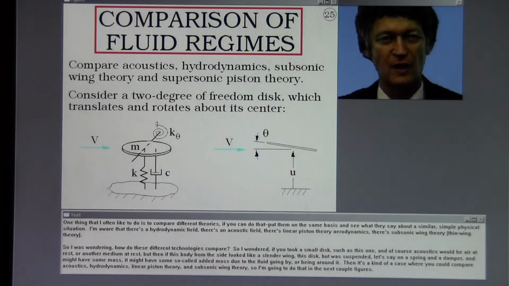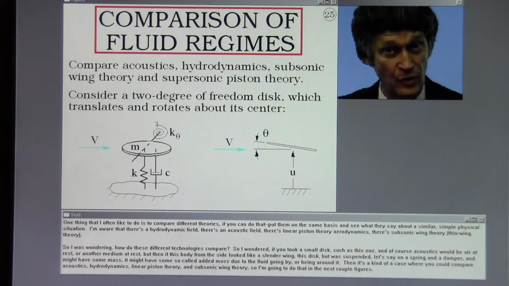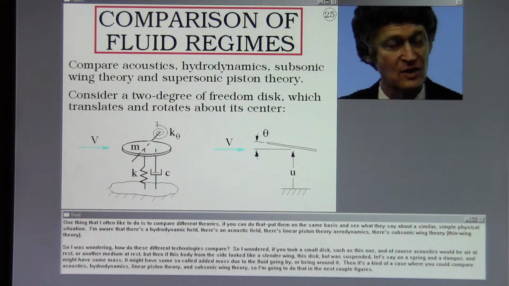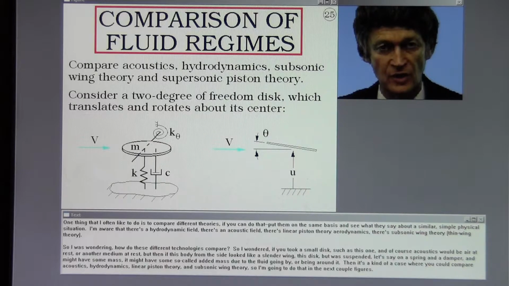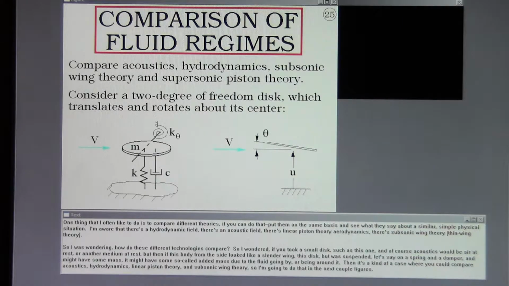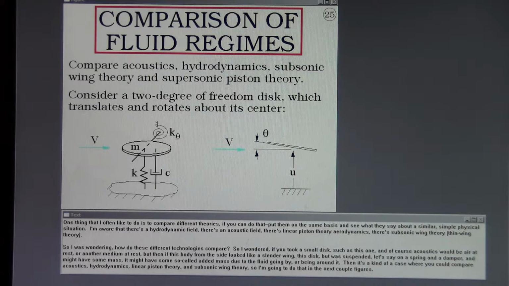One thing that I often like to do is to compare different theories, if you can do that, put them on the same basis and see what they say about a similar, simple physical situation. So I'm aware that there's a hydrodynamic field, there's an acoustic field, there's linear piston theory aerodynamics, there's subsonic wing theory, thin wing theory, and so I was wondering, how do these different technologies compare?